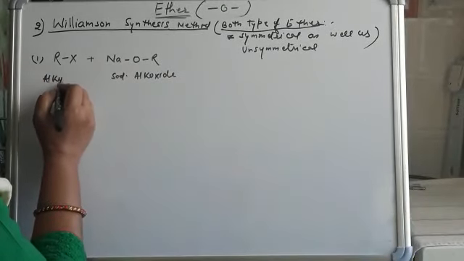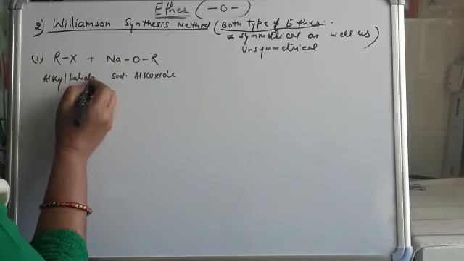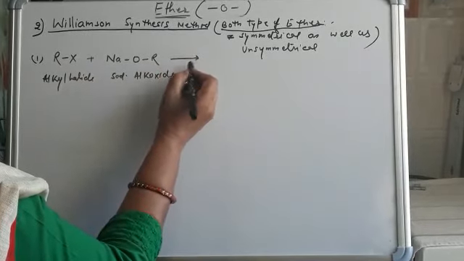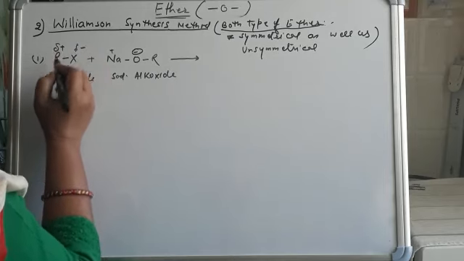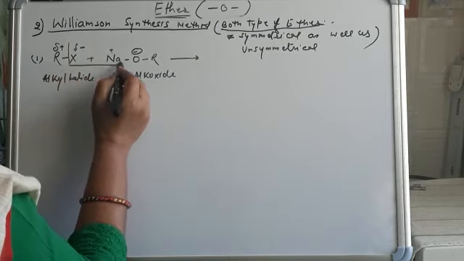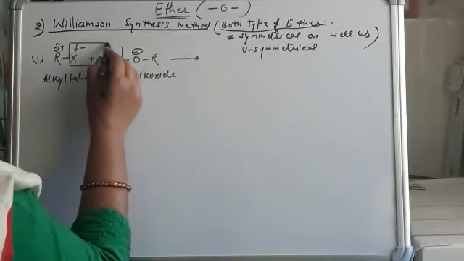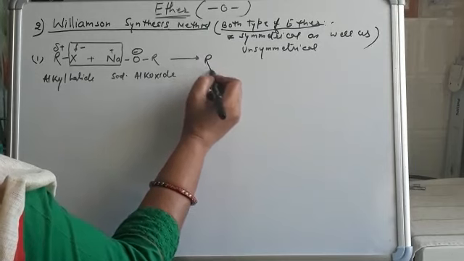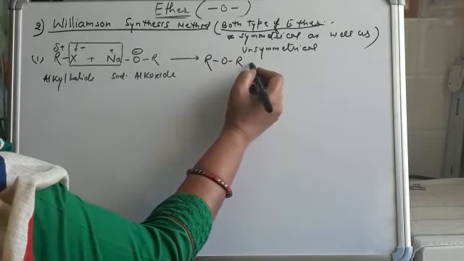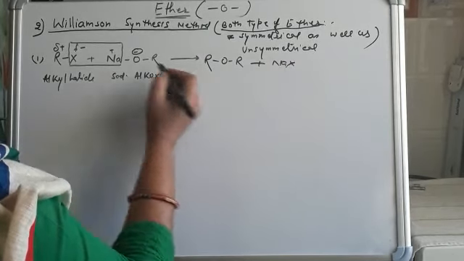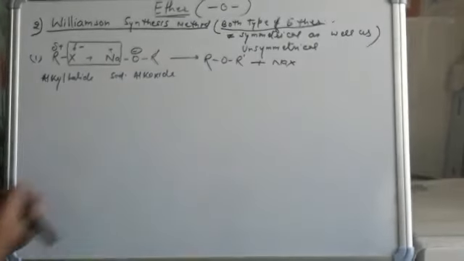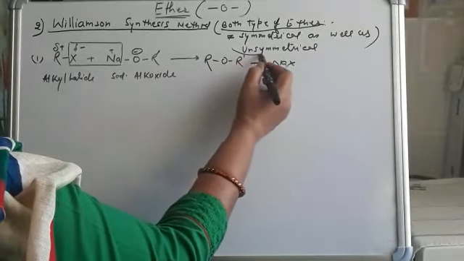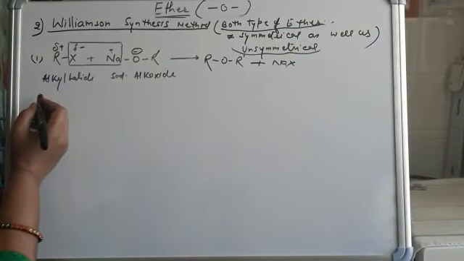Removal of sodium halide and the formation of ether takes place. If we take a different alkyl group here, an unsymmetrical ether will be formed.